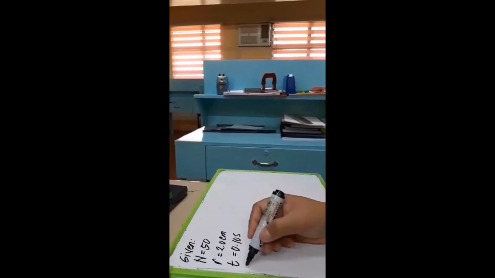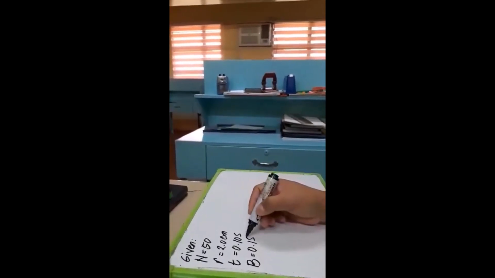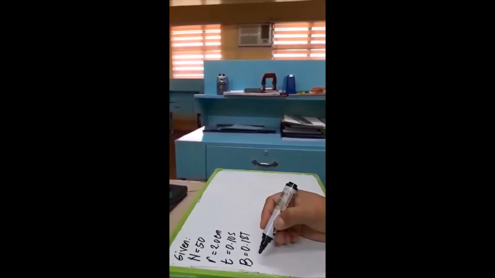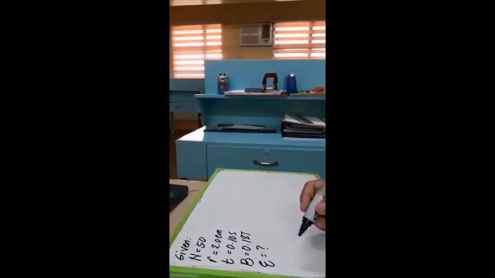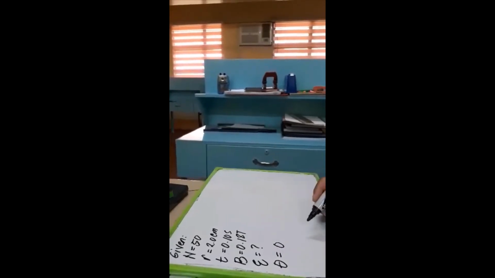We have our magnetic field, which is 0.18 Tesla. Find the induced electromagnetic force. Always remember that our angle is always parallel, so it is 0.